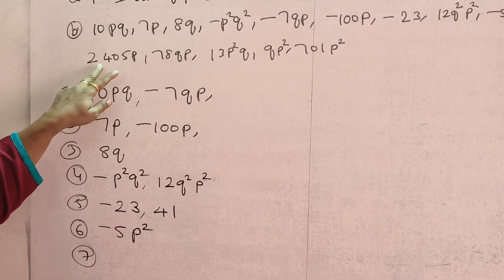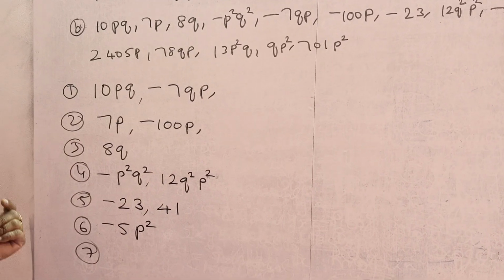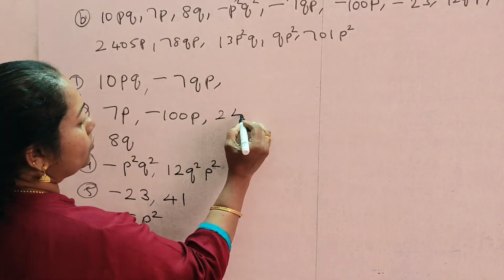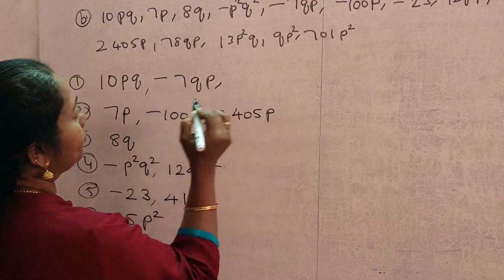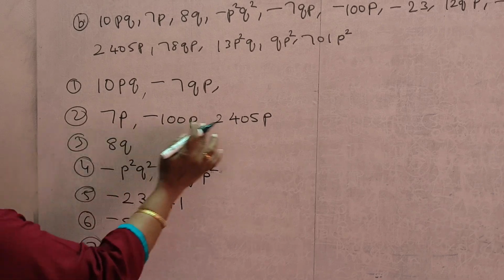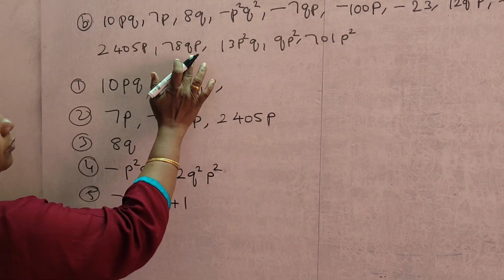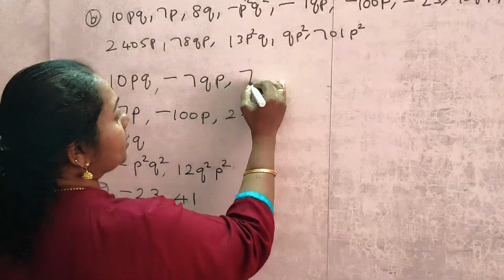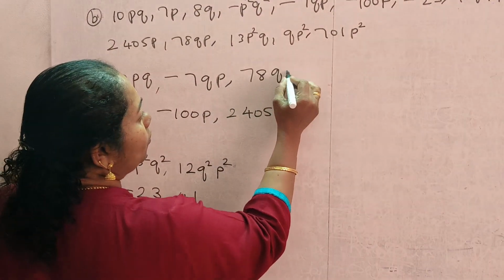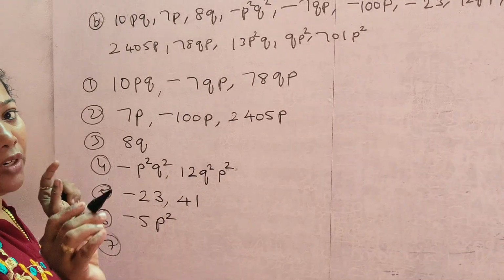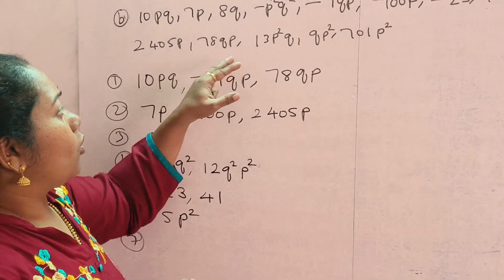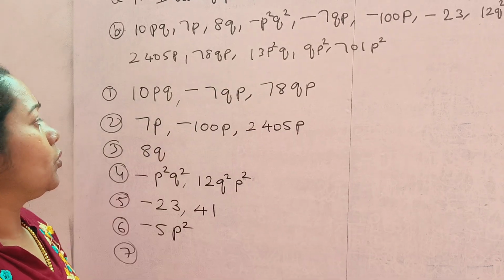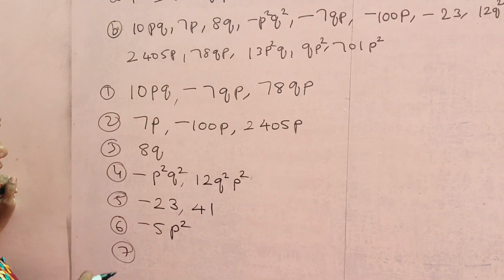Next one, 2405p. Only p is there. P is here. So 2405p. Okay. These are the like terms. Now 78pq. Once pq is already we have written here. So 78qp. qp, pq it's not a matter. Order is not a matter in this one. Now 13p squared q. Where is p squared q?